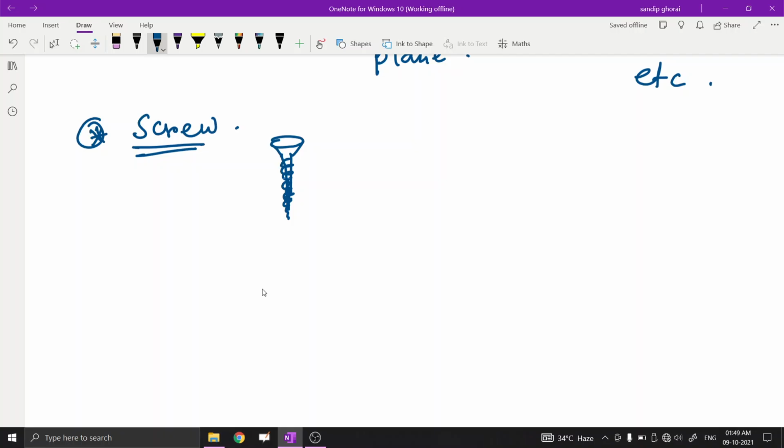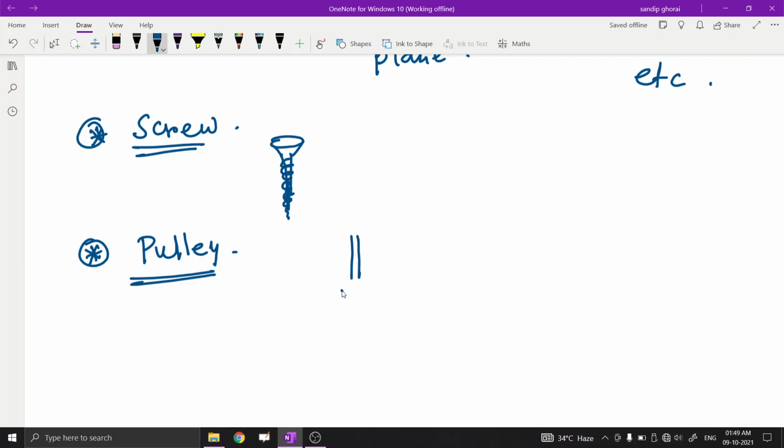And the final one is the pulley, the final one for today's class. What is a pulley? A pulley is a wheel or a circular disc that can rotate freely about a fixed point.